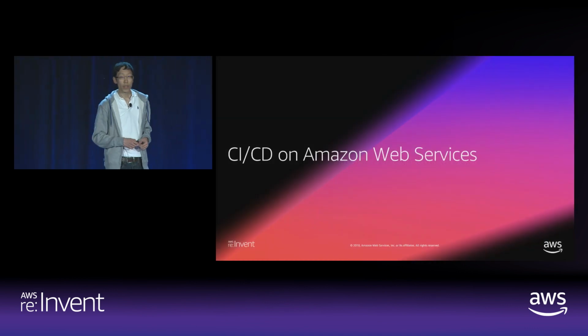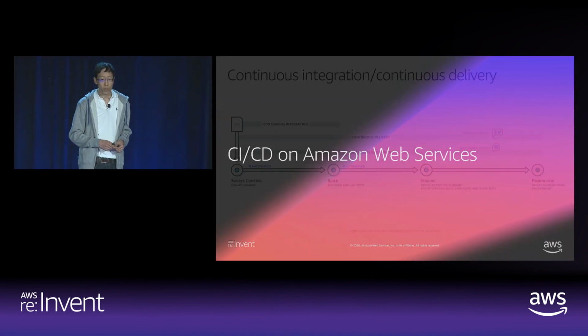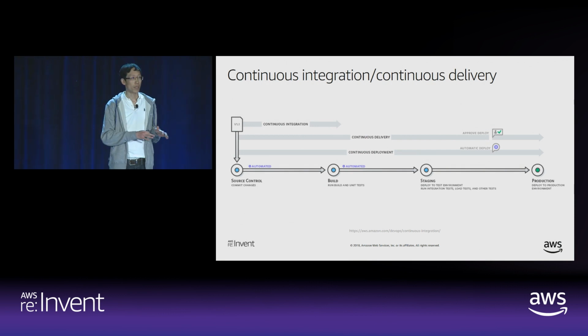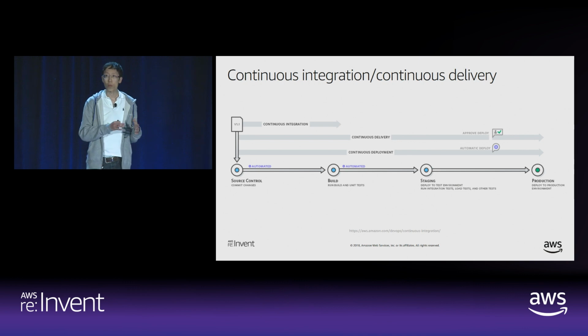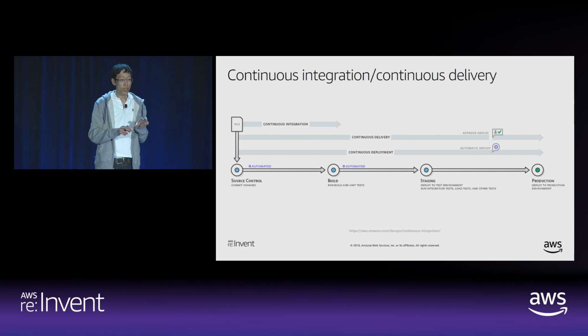CI/CD on Amazon Web Services. CI stands for continuous integration, and CD stands for continuous delivery, right? CI means that we developers normally start with the source code, and we're going to have many versions of the source code, so we need something to control the versions.